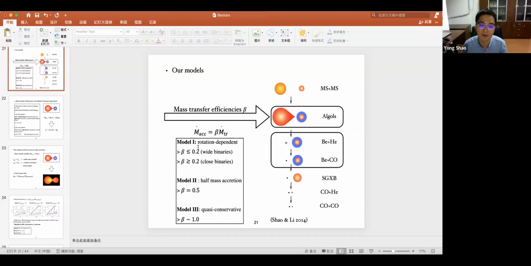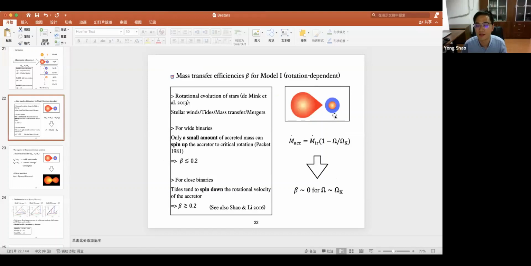In model 1, we have a physical motivation, and the mass transfer rate is assumed to be rotation dependent.